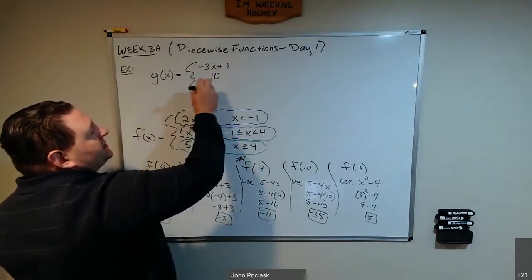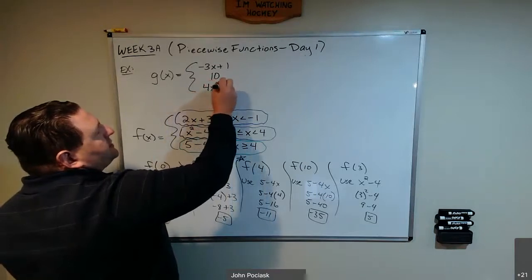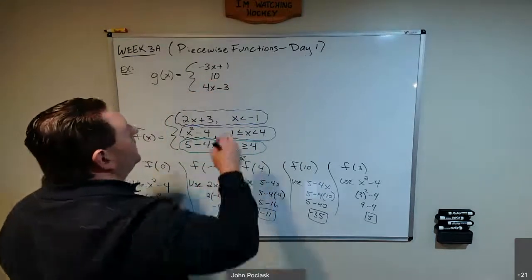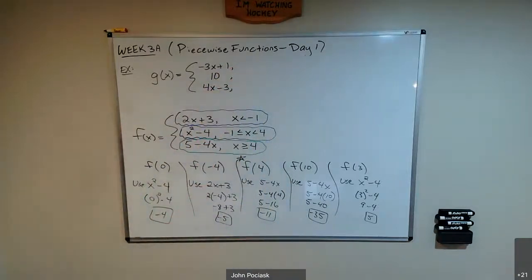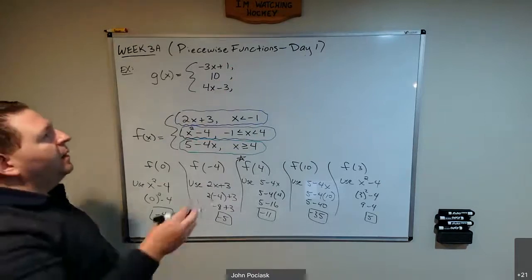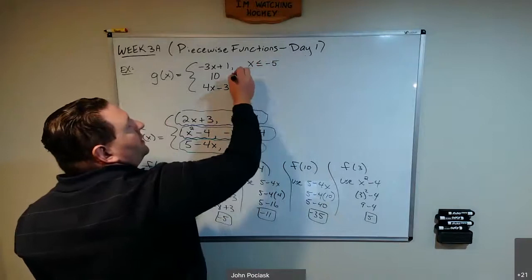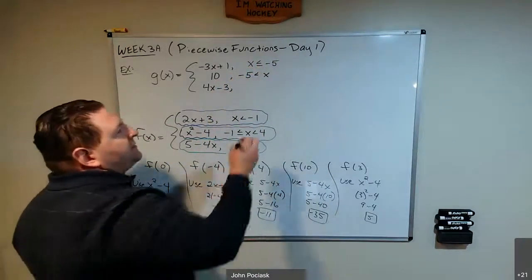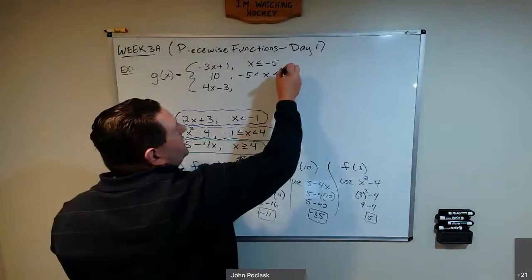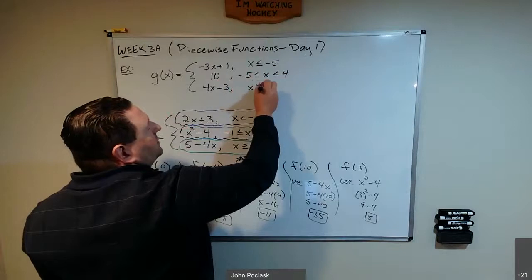And the last piece 4x minus 3. And I'm going to give you the domains. So for the first piece, I want x is less than or equal to -5. Second piece, -5 is less than x, which is less than 4. And then we'll do x is greater than or equal to 4.